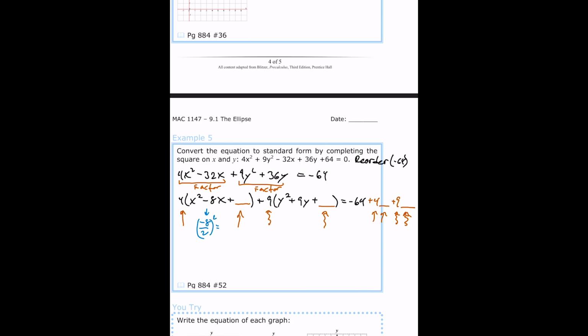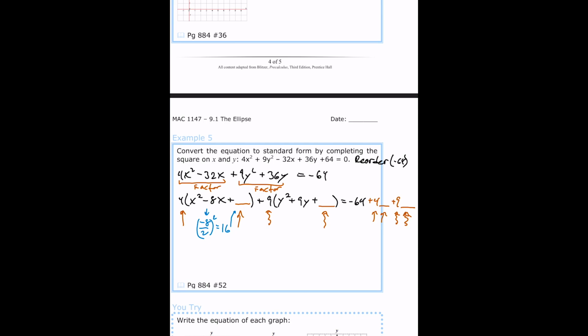Negative 8 divided by 2 is negative 4. Negative 4 squared is positive 16. Always going to be positive. I'm squaring it, which means that this is always going to be positive. So that's how I need to put a plus sign right here. And that 16 is going to go into that position.